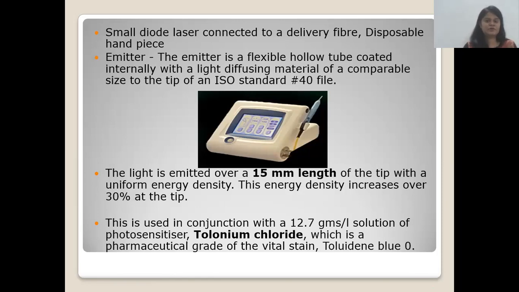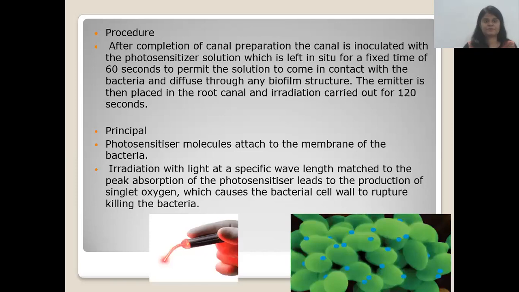The light is emitted over a 15 millimeter length of the tip with a uniform energy density. This energy density increases over 30% at the tip. This is used in conjunction with 12.7 grams per liter solution of photosensitizer, that is the tolonium chloride, which is pharmaceutical grade vital stain toluidine blue O.